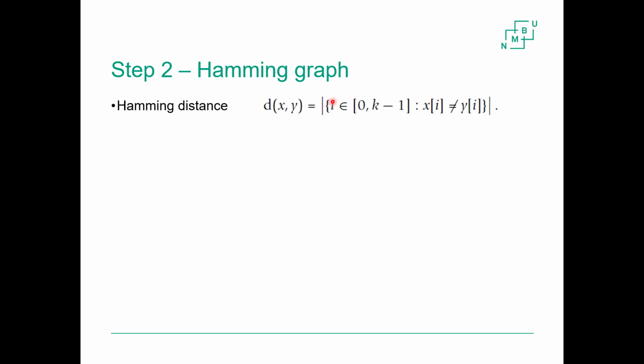And here we have the set of i inside this range, from 0 up to k minus 1. So for all i inside this range from 0 up to k minus 1, we select those such that the element number i in the first k-mer is different from element number i in the second k-mer.